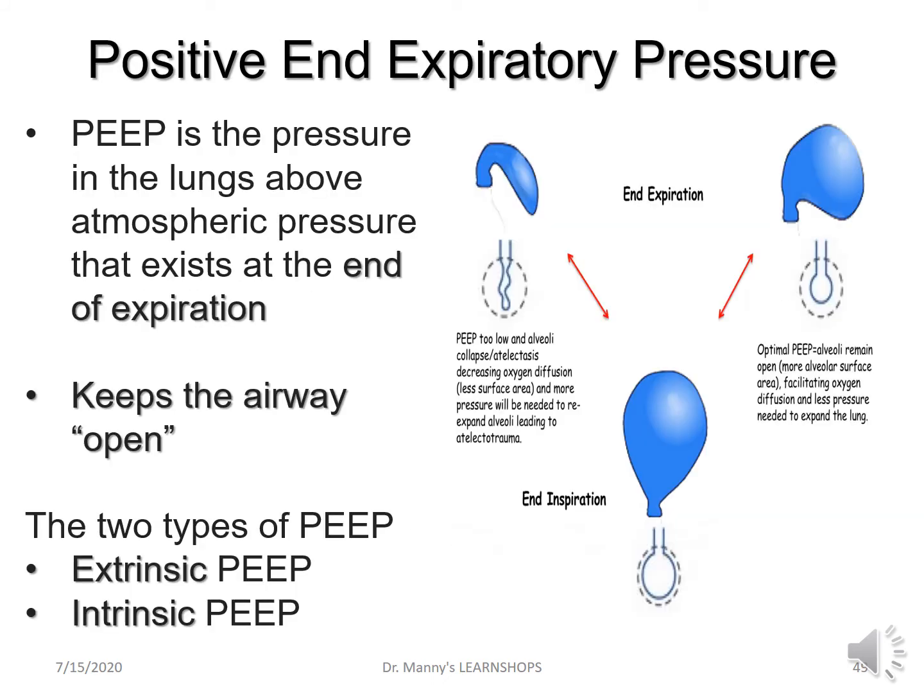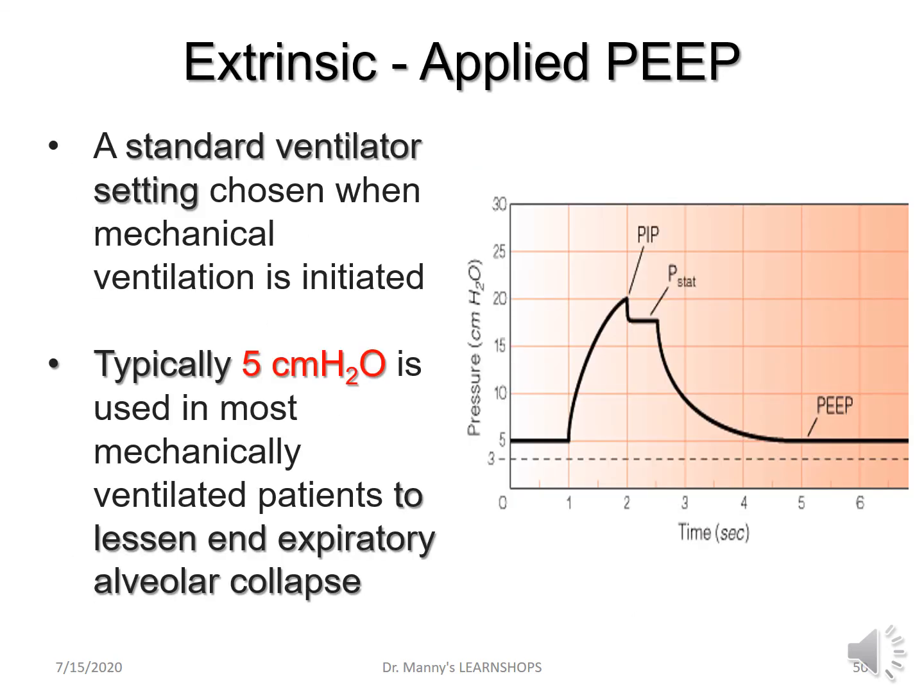Positive end expiratory pressure is the pressure in the lungs above atmospheric pressure. It's supra-atmospheric, and it exists primarily at the end of expiration, and the objective is to keep the airway open. You've got two types of PEEP: extrinsic PEEP and intrinsic PEEP. Extrinsic PEEP, or applied PEEP, is a standard ventilator setting.